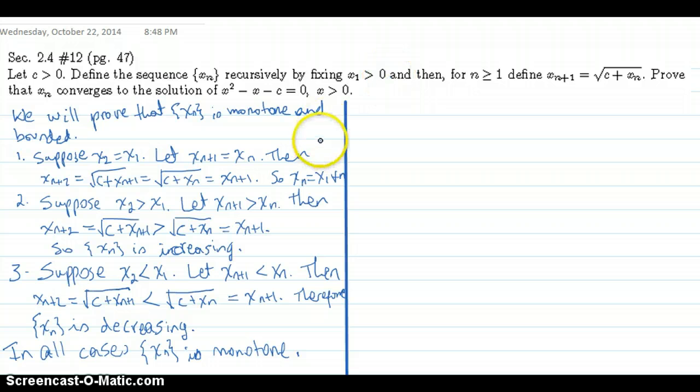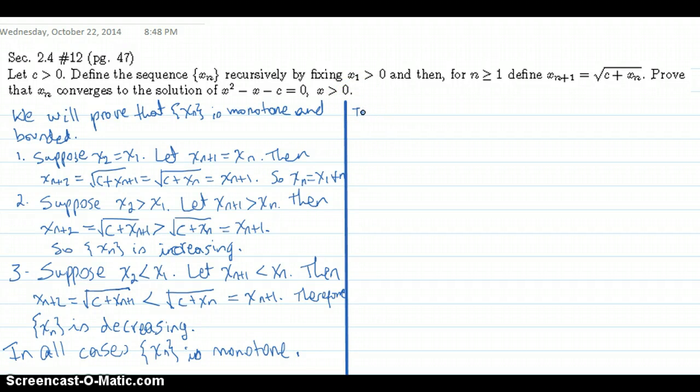So we'll show that x_n is bounded. Well, if it is a constant sequence, it's obviously bounded, so it's actually convergent, so there's no problem. If it's a decreasing sequence, since each term is positive, it's obviously bounded. Each term is positive, but it's a decreasing sequence, so bounded. So the only thing to show is what happens if it's an increasing sequence.